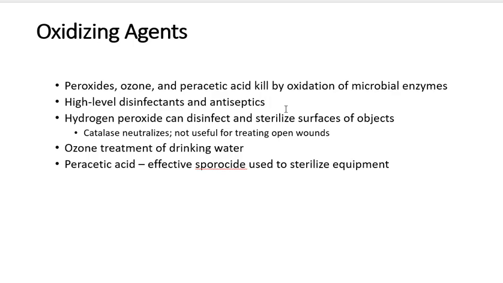Any organism like staph that is catalase positive will neutralize the hydrogen peroxide, and it can also damage the tissues that you're pouring it into. So you could use something better than hydrogen peroxide, but if you're just trying to sterilize the surface of something, hydrogen peroxide works real well.